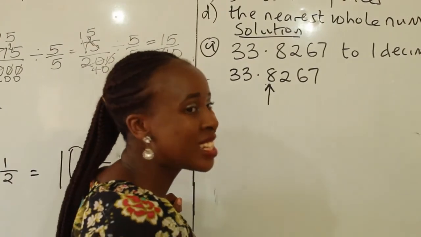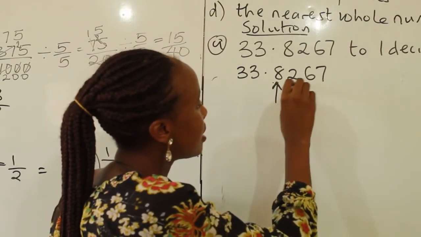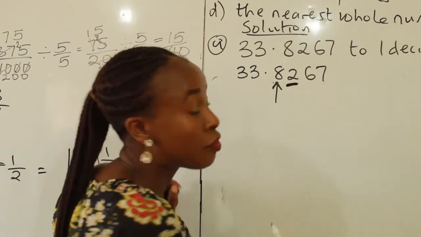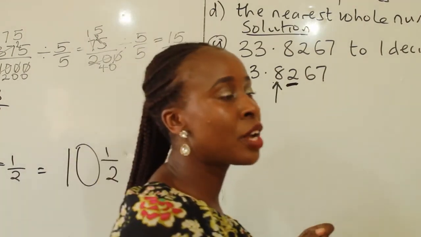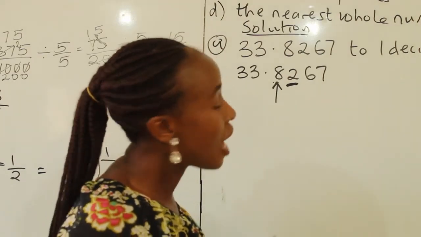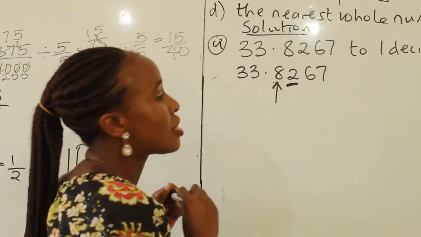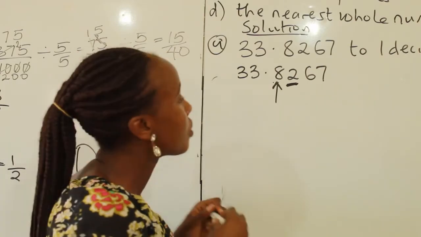And we'll be rounding up the next digit, and the next digit is 2. From what I said earlier, when rounding up decimals, numbers less than 5 are rounded down. Rounding down means they become 0.